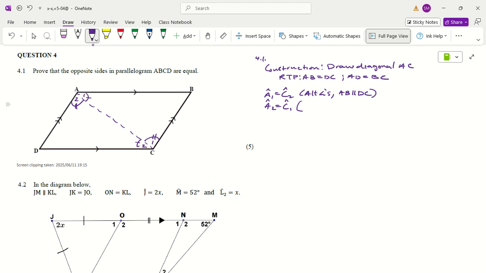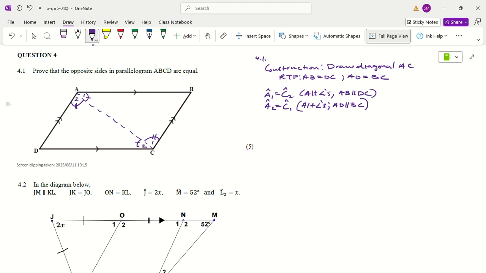But now we've used different parallel sides now. So these are alternating angles, and they are between the two parallel lines, which is AD is parallel to BC. This is what we are given, right?